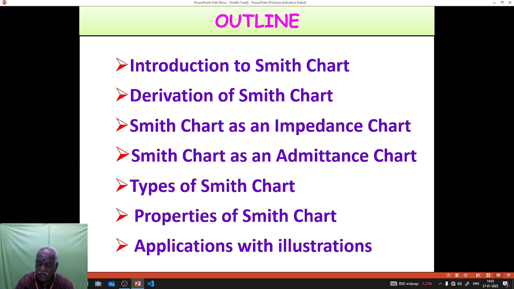At some points along the transmission line, the incident wave and the reflected wave combine constructively, that means they are in phase. We get points of voltage maxima. Voltage maxima are called antinodes and voltage minima are called nodes.